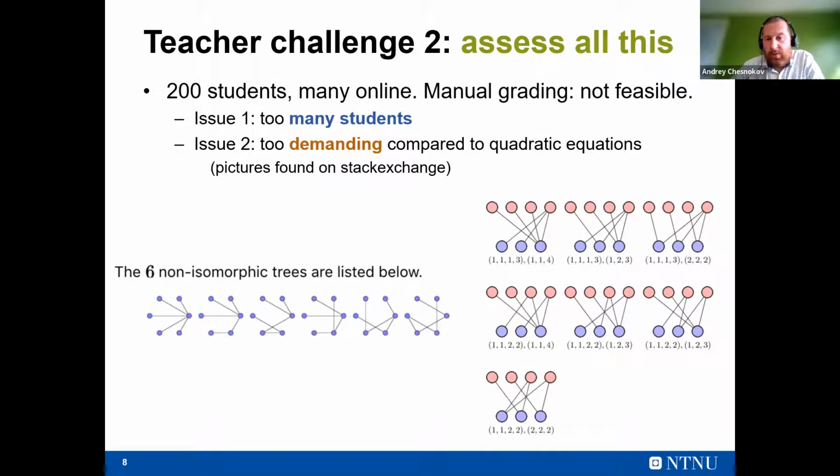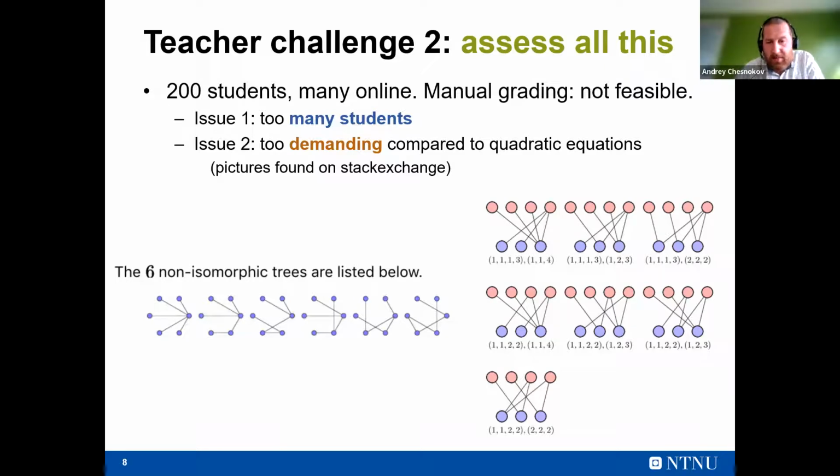So there are too many students, that's one thing. And another thing, this is a demanding story. If we compare to the problem of quadratic equations, there it's sort of easy. Many TAs are getting quite skilled at seeing the error.